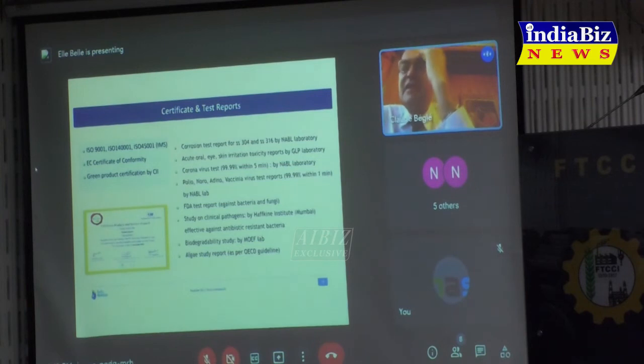Now, in India, you see we have, of course, the ISO certification, we have the EC, the European Community Certificate of Conformity for the machine. We have received the Green Pro by the CII, which we believe very much in.